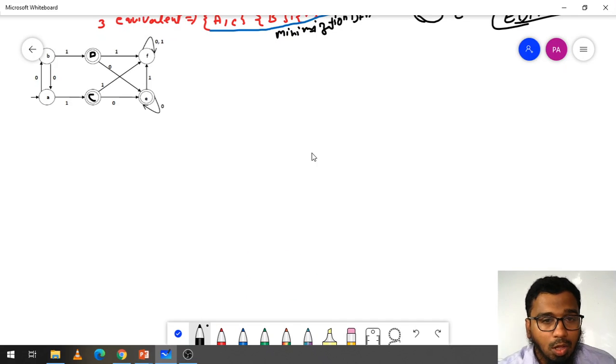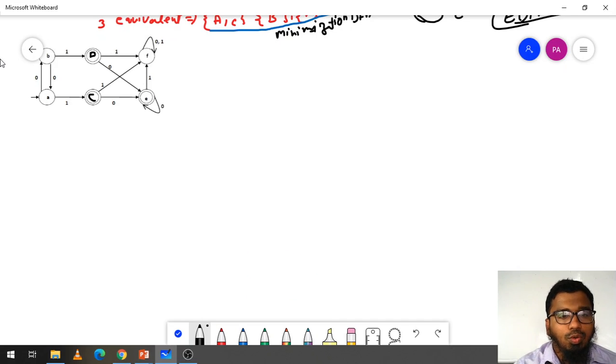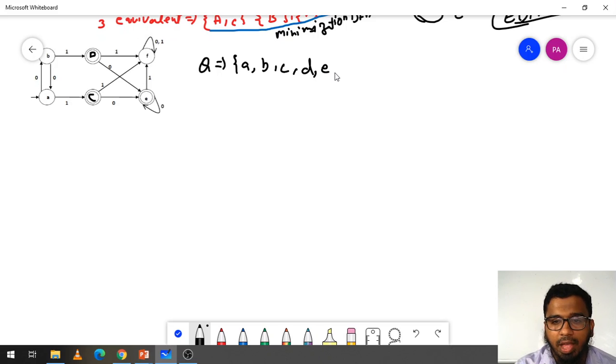Now first you need to draw the transition table. For that, what is Q here? A, B, C, D, E, and F. We have 6 states. What is sigma?